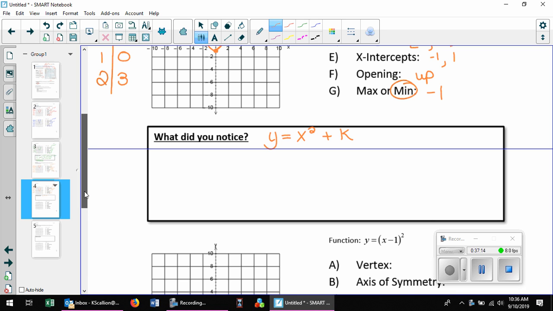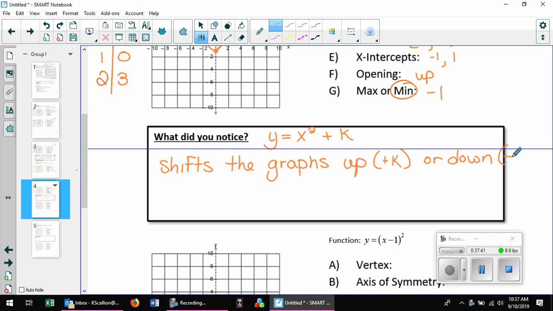So what are we going to call that? And in math, we call that a vertical shift, because vertical is up, down, so we're moving it up, down.